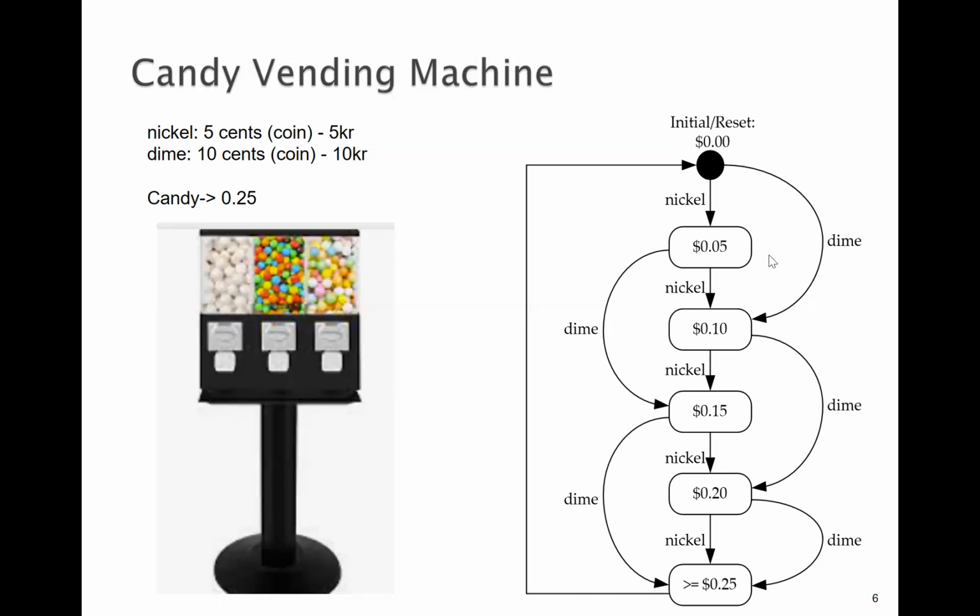So we simply construct this diagram, and at the end, there should be a decision. Here we have to deposit 25 cents to get the candy. If it reaches this amount, then we simply get a candy. Otherwise, it goes to the initial state within a predefined time.